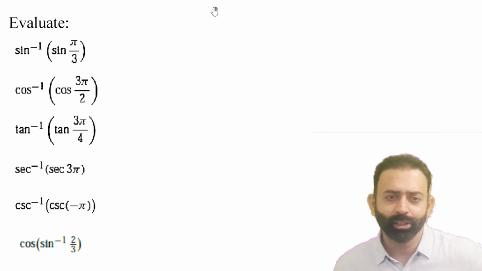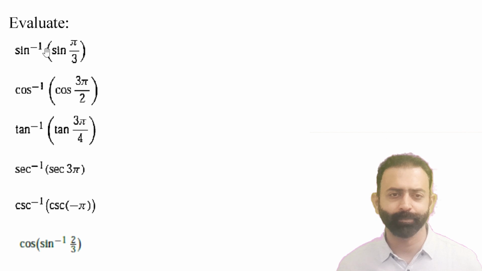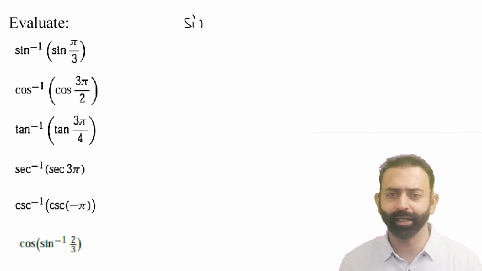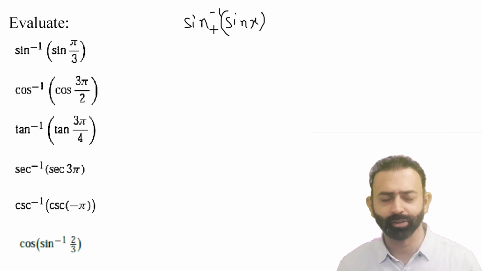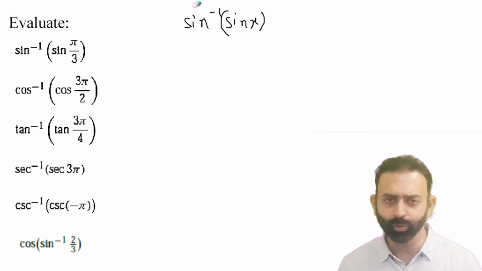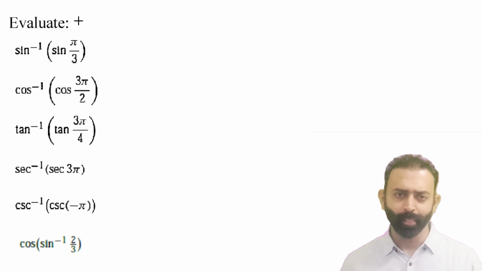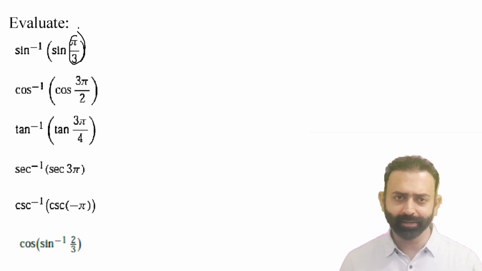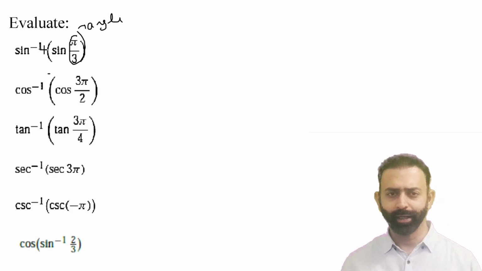Alright, so let us come to the questions which involve sine inverse sine pi by 3, for example. I mean questions based on sine inverse sine x or cos inverse cos x and so on. Let us do these types of questions and see how we approach this. Remember that in sine x, this x is the angle, and sine inverse will again be an angle, right?